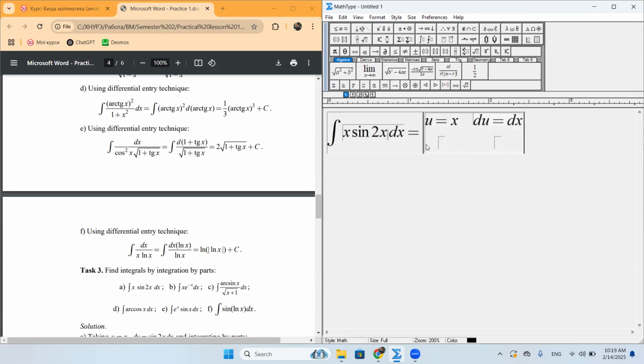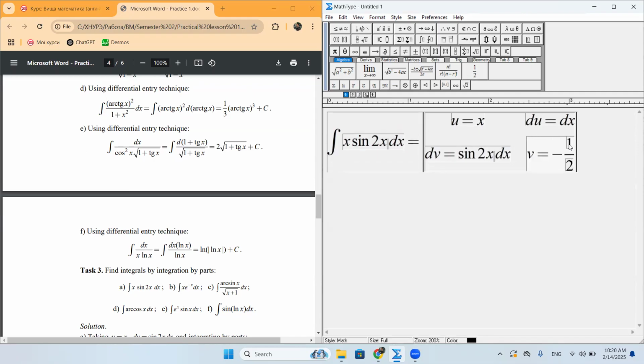And what about dv? dv equals sine of 2x dx, the differential of this function. And v equals minus 1 over 2 cosine of 2x. So we have everything to integrate by parts.